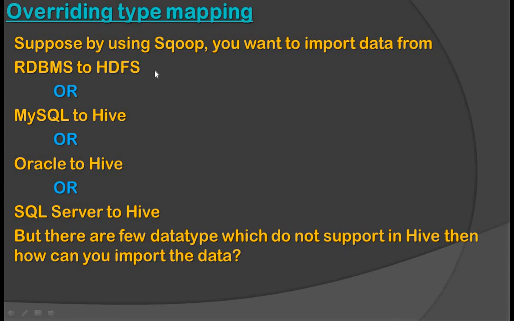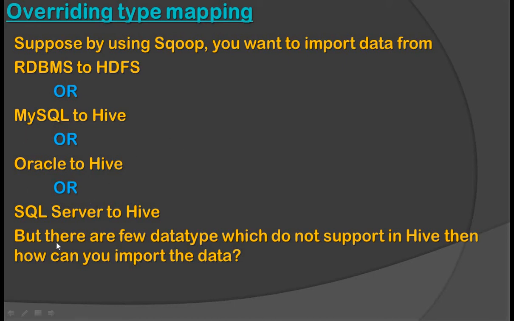Suppose by using Scoop you want to import data from RDBMS to HDFS, or from MySQL to Hive, or from Oracle to Hive, or from SQL Server to Hive. It means you want to import data into any one of these.